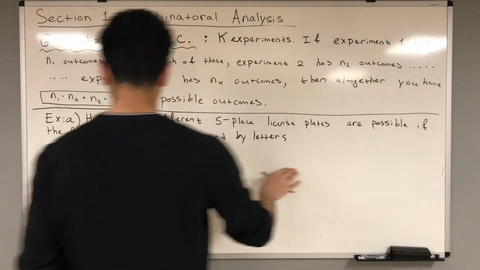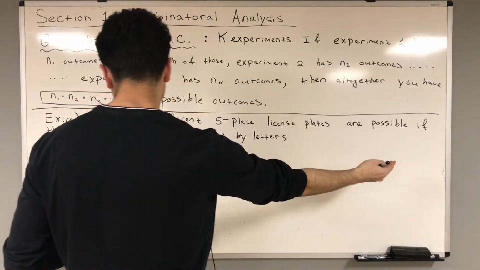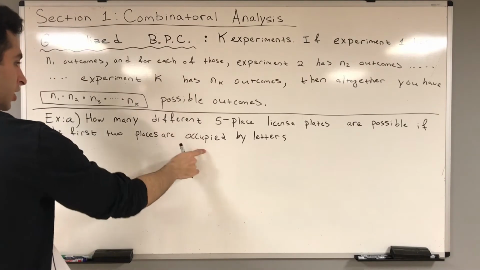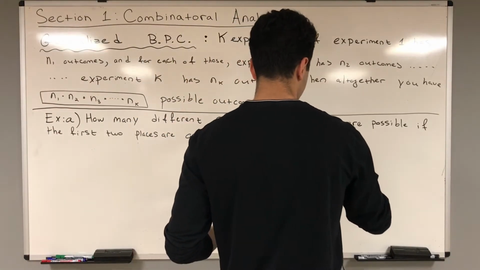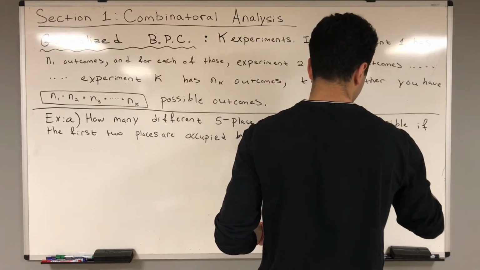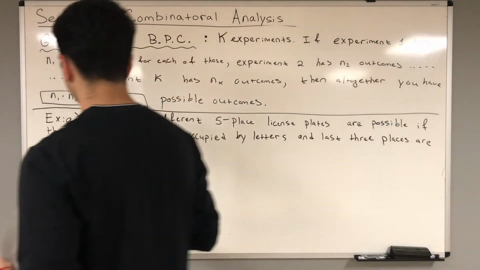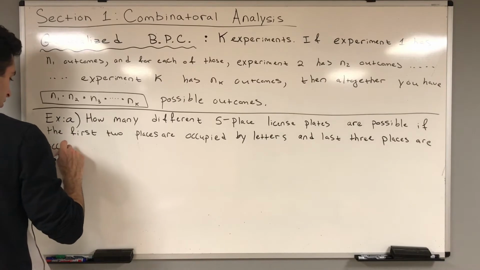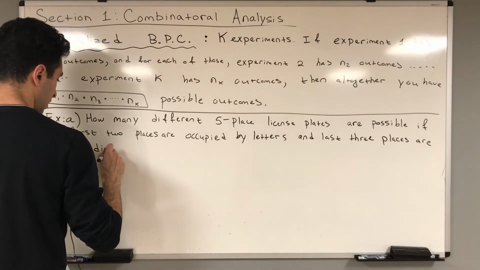So the question is asking how many different 5-place license plates are possible if the first two places are occupied by letters and the last three places are occupied by digits. Digits, numbers. I like digits because we actually know what we're talking about, 0 to 9.